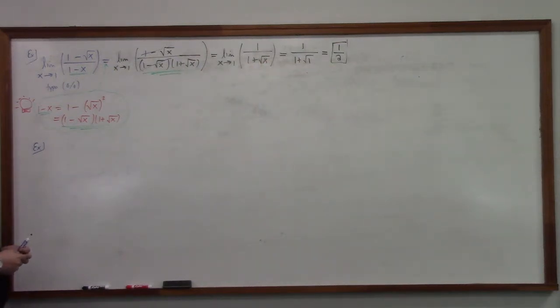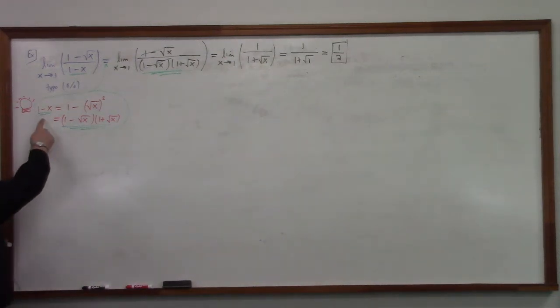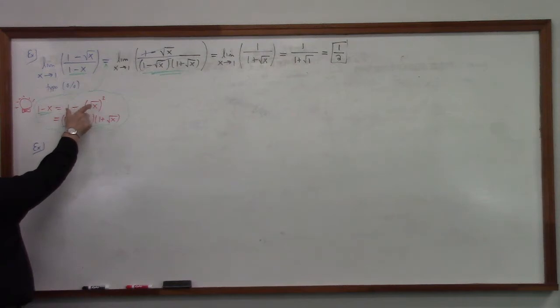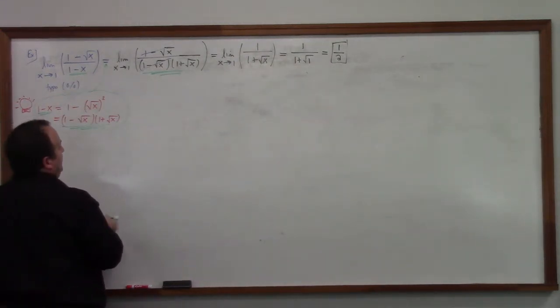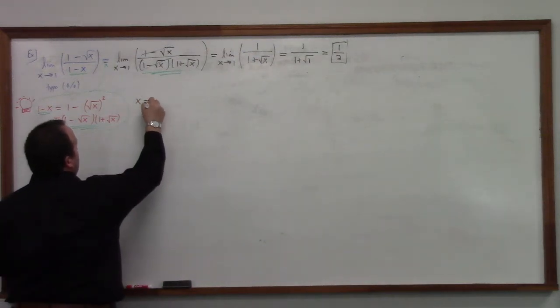Now I'm asking you, how did you factor 1 minus x into 1 minus root x? Difference of squares. The pattern is a squared minus b squared, well, x is equal to the square root of x squared.